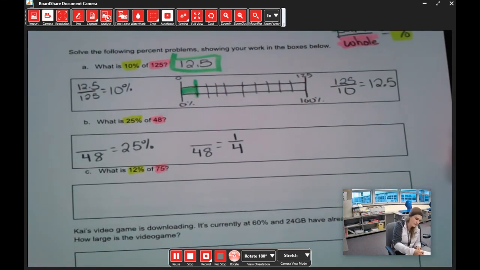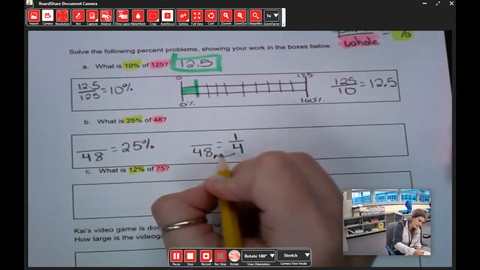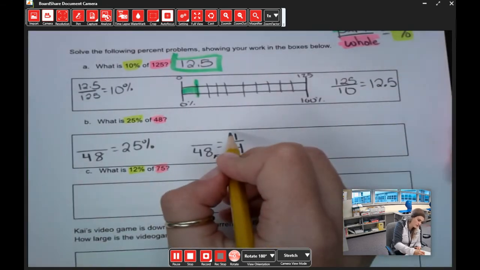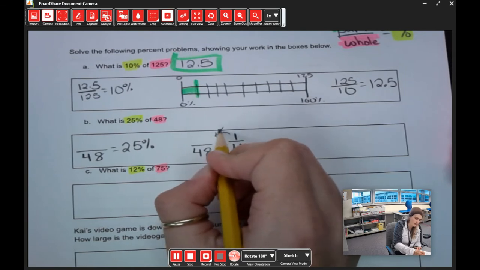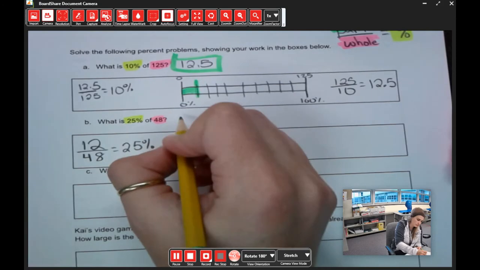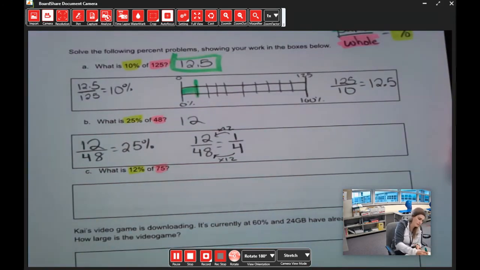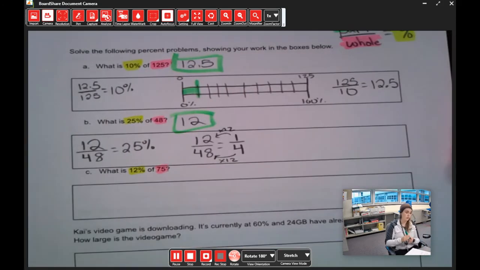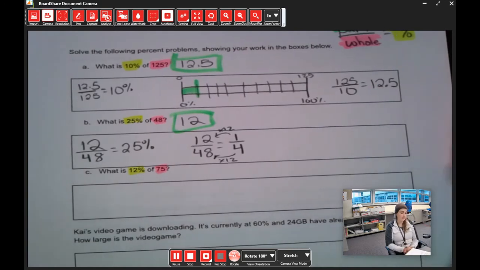And when I lay it out this way, 4 times 12 gives me 48. 1 times 12 gives me 12. So the answer to this problem is 12. 25% of 48 is 12.